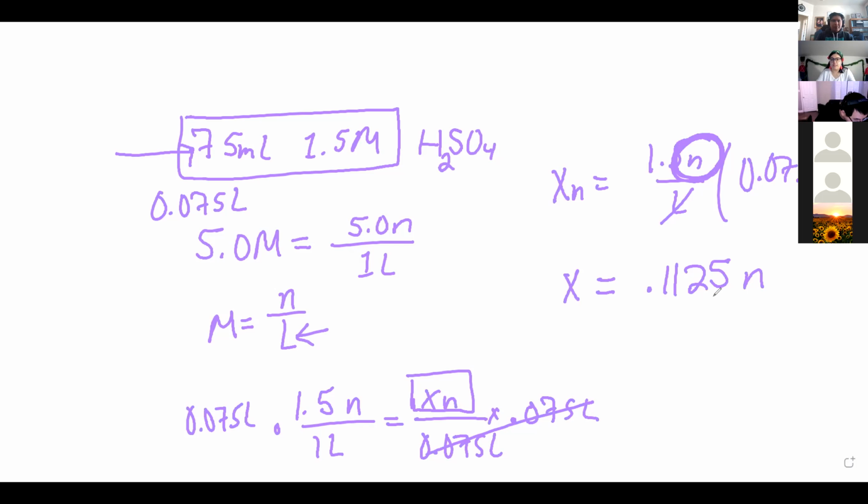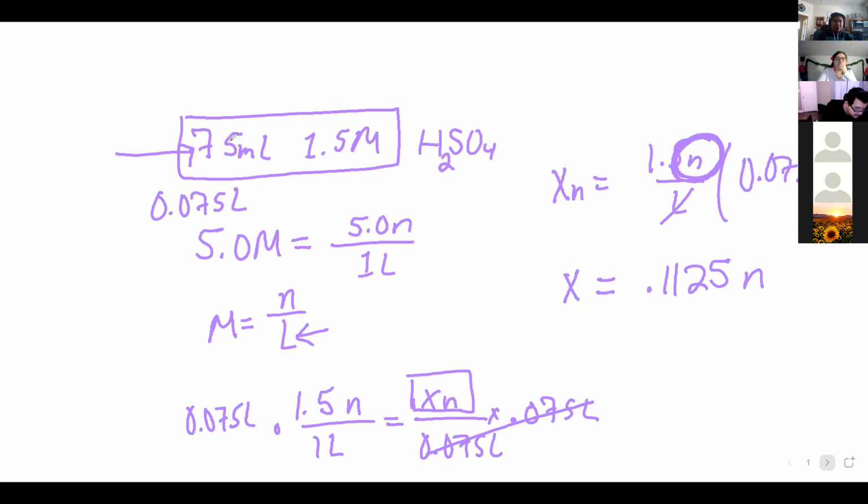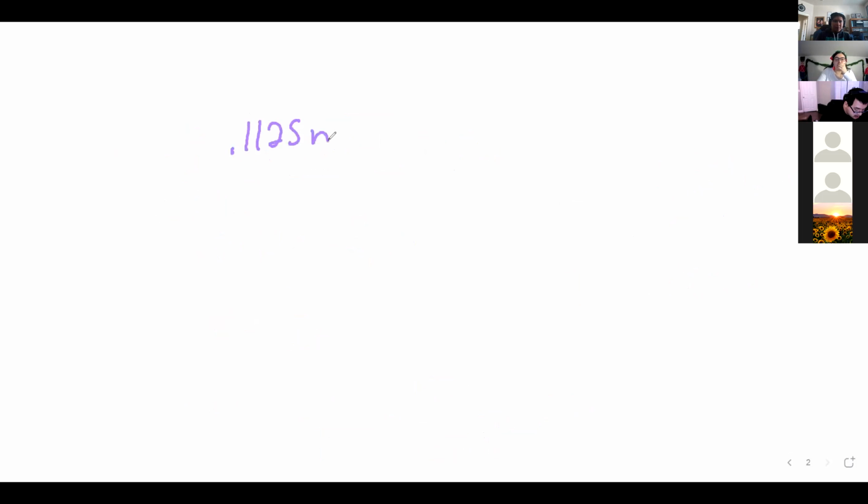Okay, anyway. So now we know that we have 0.1125 moles. And we have a molarity of 5.0 moles per liter. And we want to find the liters.